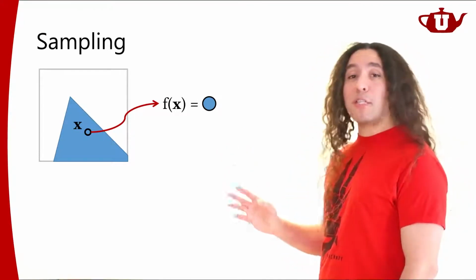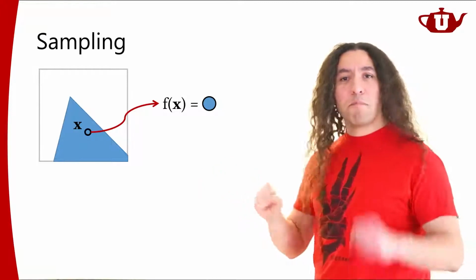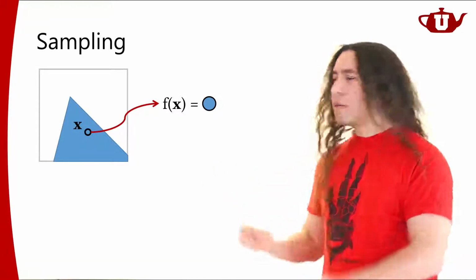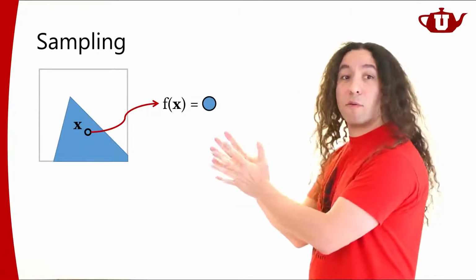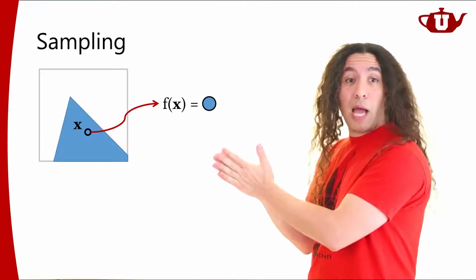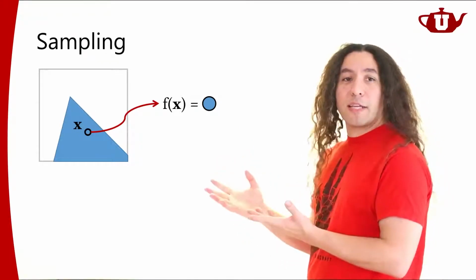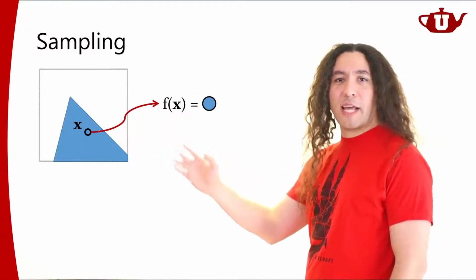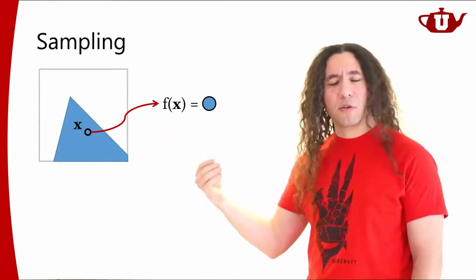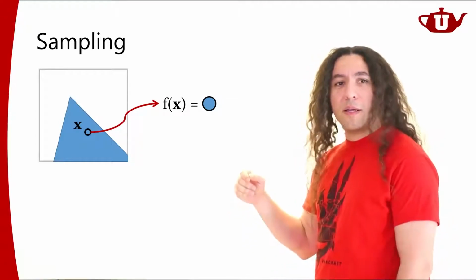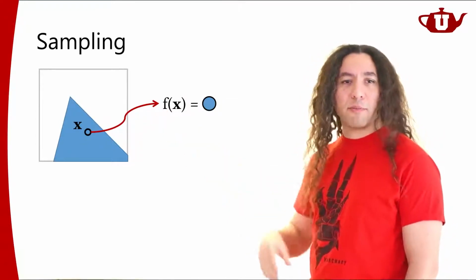All right? So if I want to know the perfect color for this pixel, what do I need to do? I'm saying the definition of perfect in this case is that I would like to color this pixel such that the color of the triangle contributes to the color of the pixel based on the percentage of the pixel that is covered by the triangle.